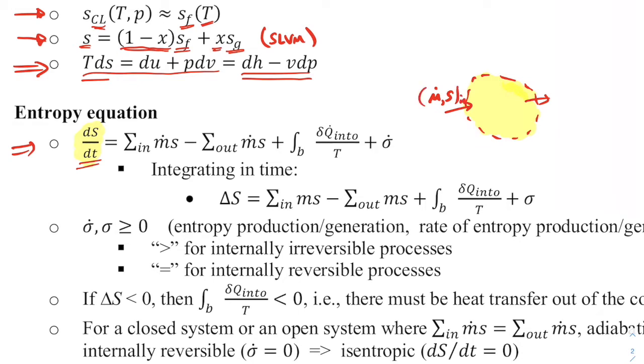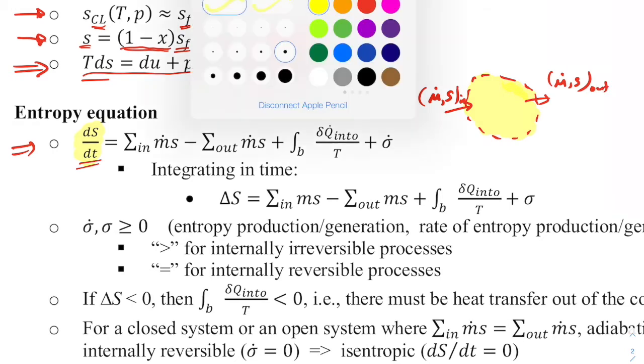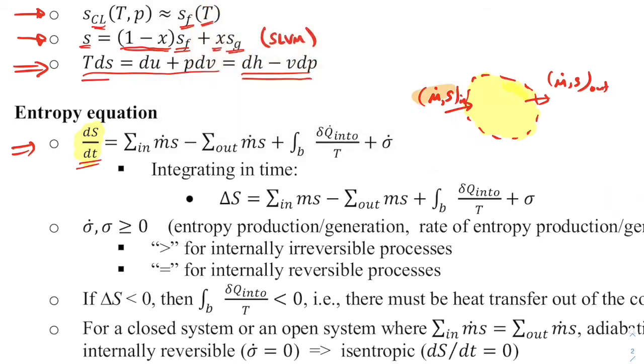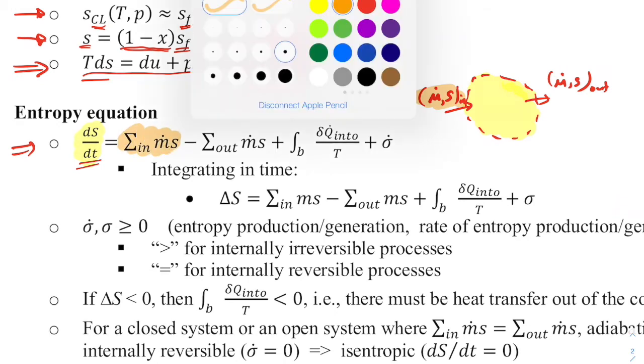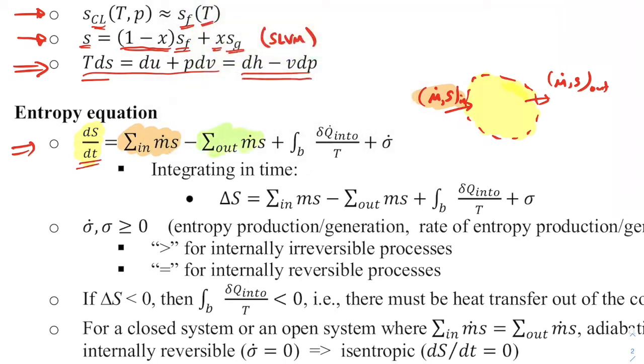So we bring some entropy into the control volume, and then maybe we take some entropy out through the outlets. So that's what these terms are that I'll highlight in orange. We've got the entropy coming in here, and then the entropy going out over there. So there may be multiple inlets, multiple outlets.